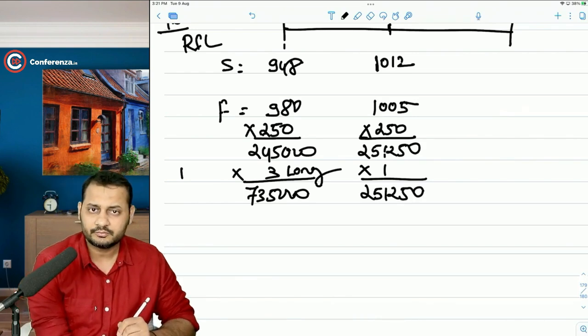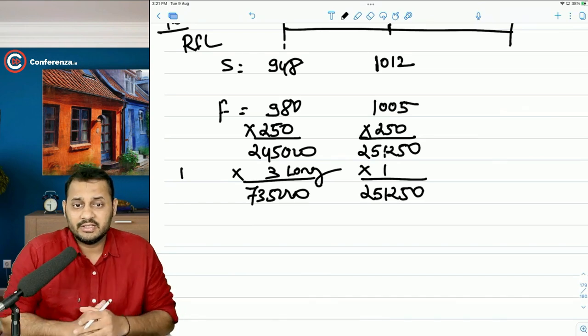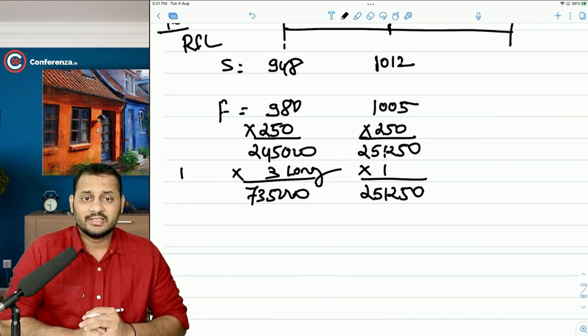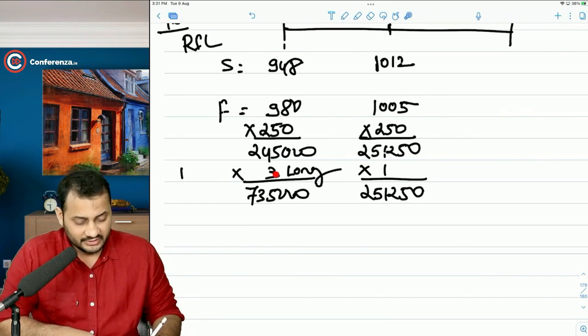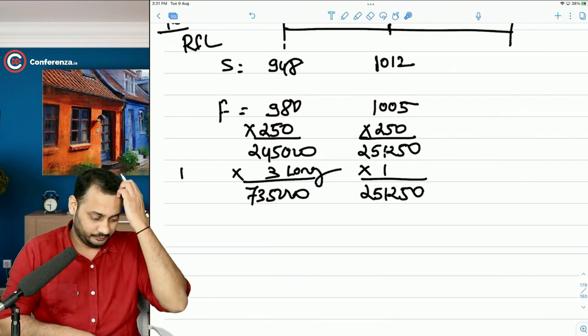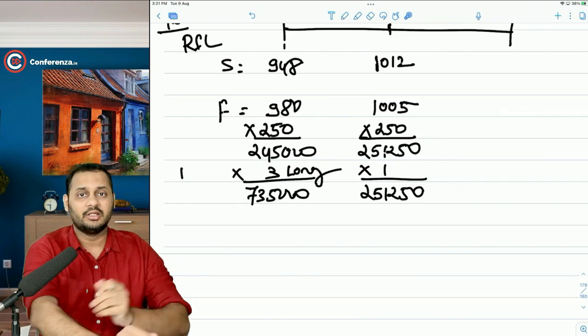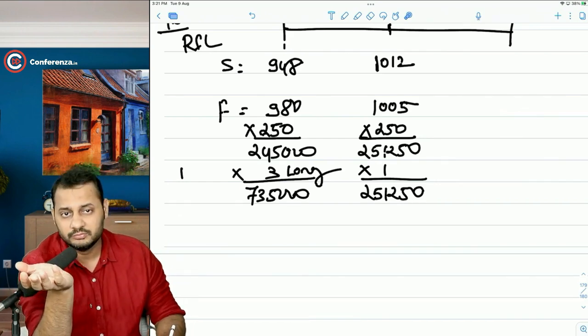If you want to calculate the gain or loss, you can easily calculate, because at this point of time you only have 2 lots remaining with you. Out of these 3 lots, you have sold 1 lot. You purchased it at 980, you have sold it at 1005. So the difference is your profit. The difference will be settled in your margin account.